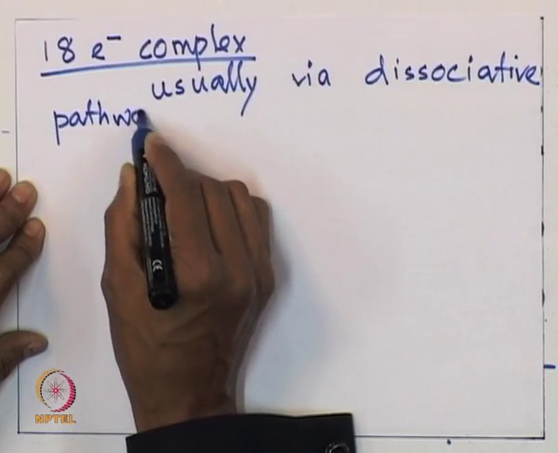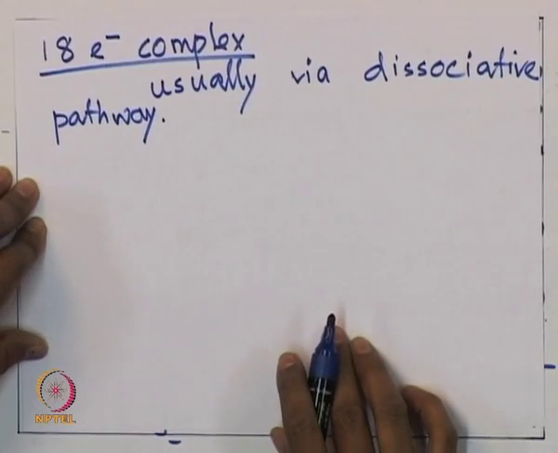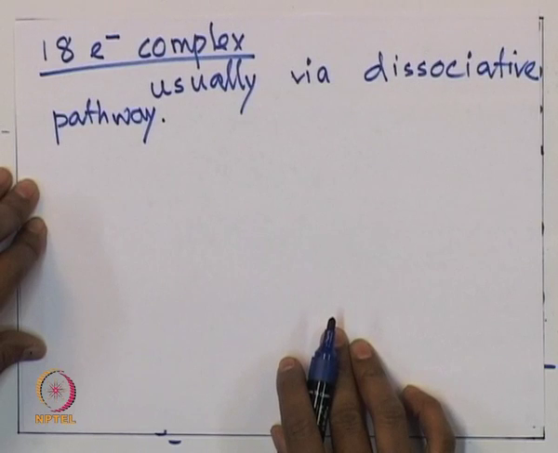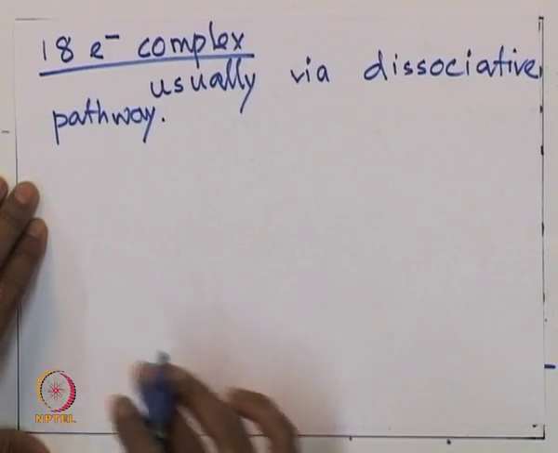A 16 electron complex reacts via an associative pathway, an 18 electron complex reacts usually via a dissociative pathway, right.